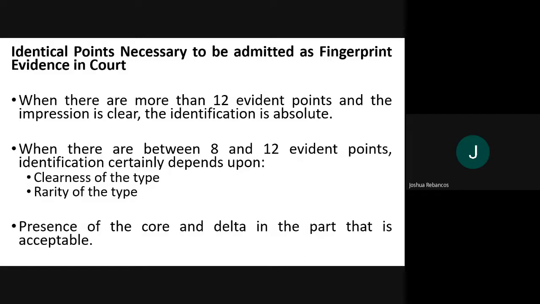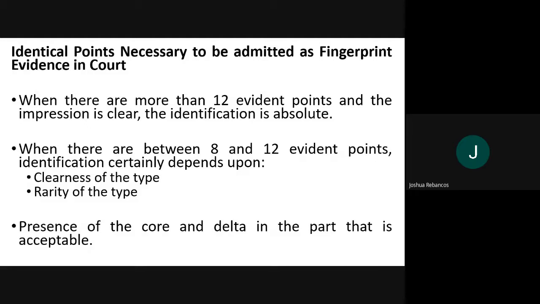Now let's proceed to identical points necessary to be admitted as fingerprint evidence in court. When there are more than 12 evident points, okay, yung similarities yan, at least may 12 daw na similarities, and the impression is clear, the identification is absolute. When there is between 8 and 12 evident points, identification certainly depends upon clearness of the type, rarity of the type.